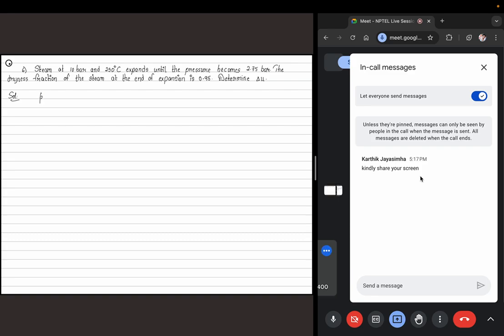So again, we have P1 initial as 10 bar. Yes, it is expanding till the final pressure.